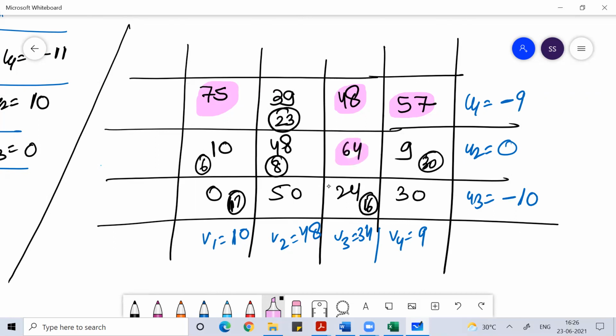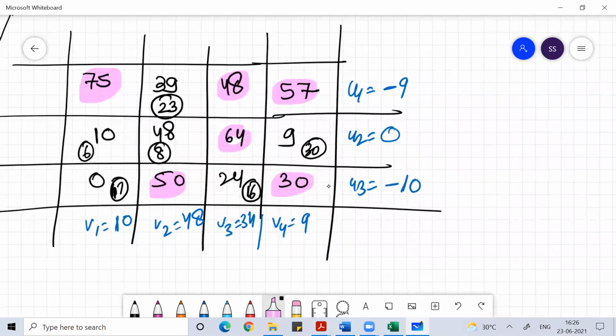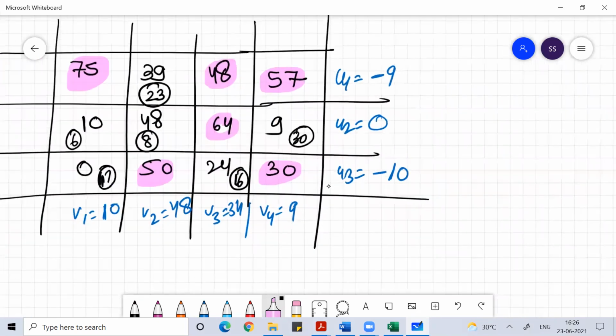Then 64: 34 is less than 64, correct. 50: 48 minus 10 is 38, positive only because 38 is less than 50. Then 30 minus 1 is less than 30, done. So the solution you get is optimal, guys. This allocation is appropriate.